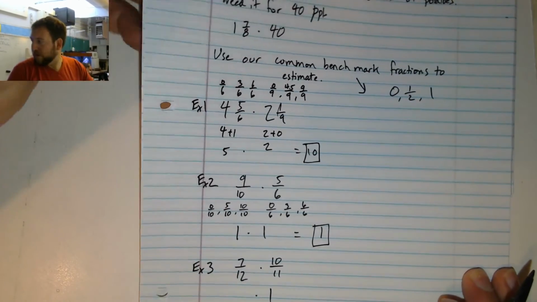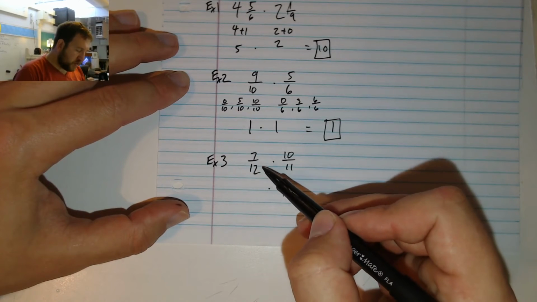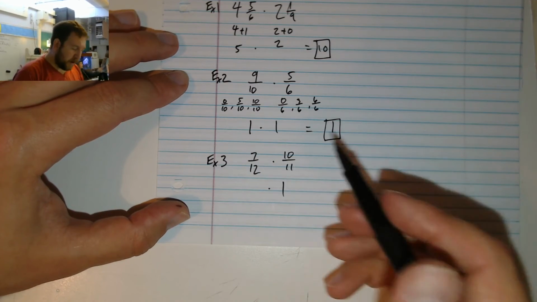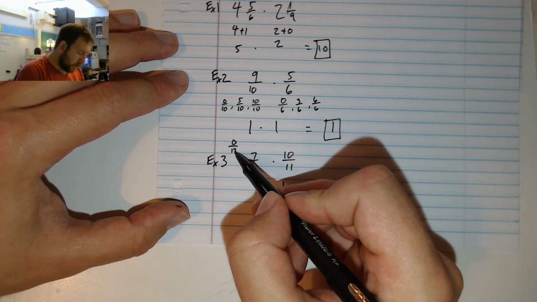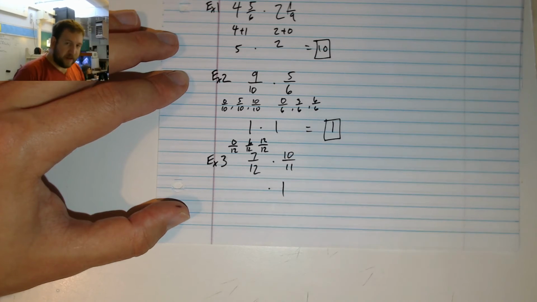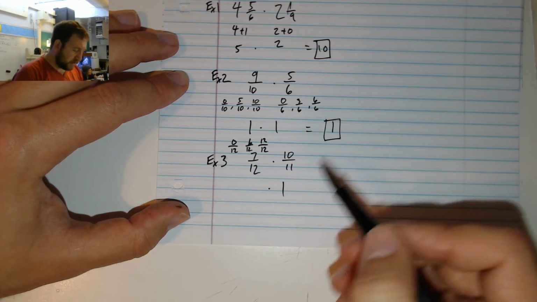And here, let me move it up. I have 7/12. My gut says that it's going to be in the middle, but I'm going to write them out just to check. It's going to be 0/12, 6/12, or 12/12. And 7, oh, my gut was right. It's definitely closest to 6.